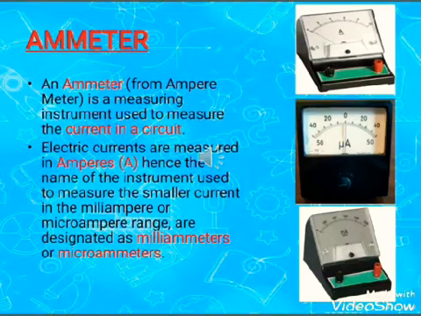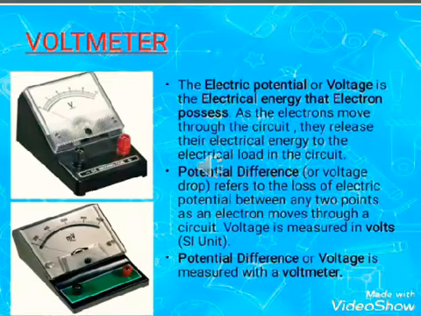In the next slide you will see another meter, and that is the voltmeter. As for measuring the current we use an ammeter, same as for measuring the potential difference or voltage across the two terminals of the source, that is done by the voltmeter.